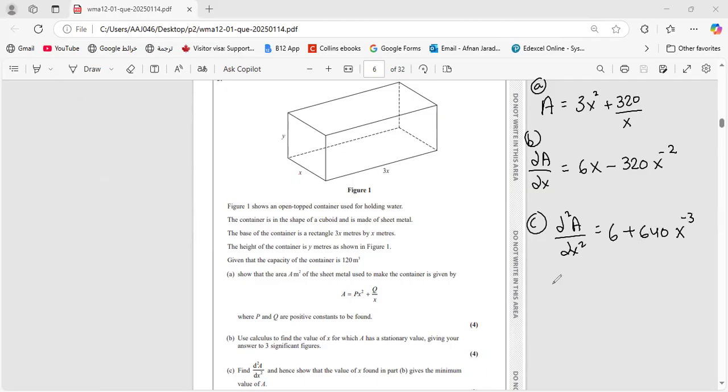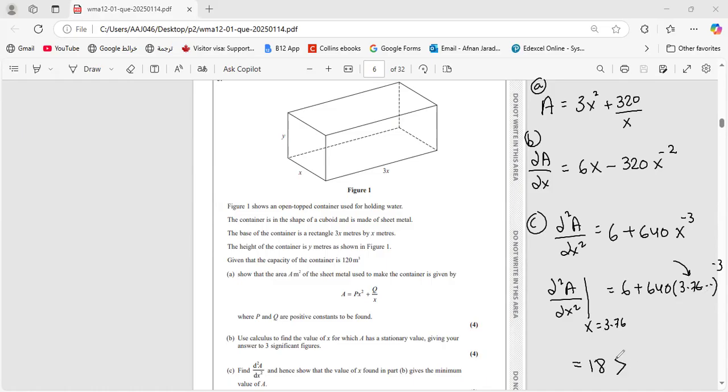So when x equals 3.76, the second derivative equals 6 plus 640 multiplied by 3.76 to the power of negative 3, which equals exactly 18. If you substitute the answer 3.764144116, it will be exactly 18.